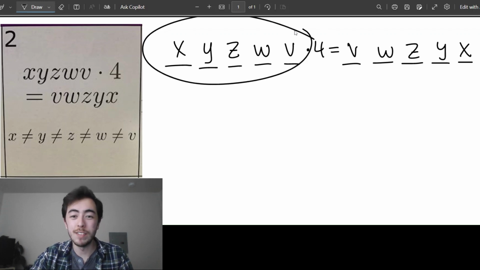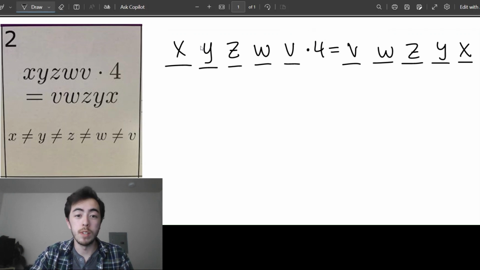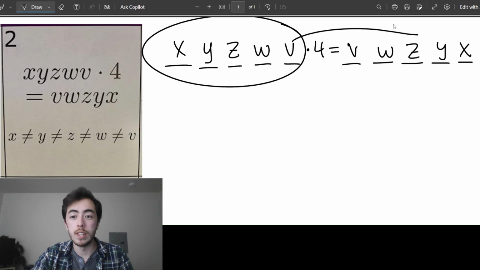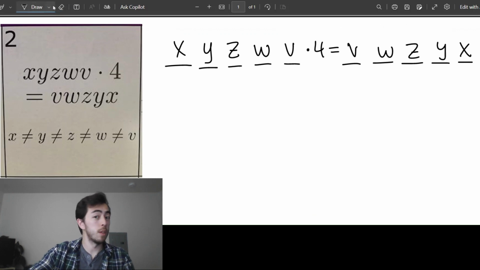I have a 5-digit number over here, and I multiply it by 4, and I get another 5-digit number. So that means the value of this number is less than this one, and it's on the smaller side.